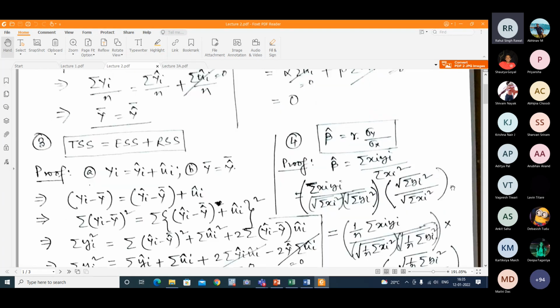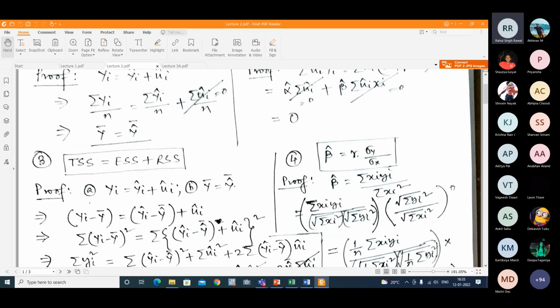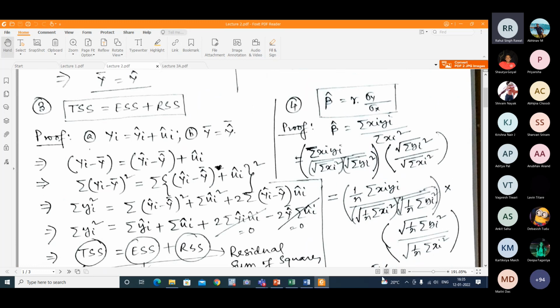Again, there is another very interesting derivation here, that is expressing the slope coefficient, beta hat, in terms of the correlation coefficient. Somebody was asking me why we are getting into the correlation coefficient. You see, I can rewrite this regression coefficient in terms of the correlation coefficient.